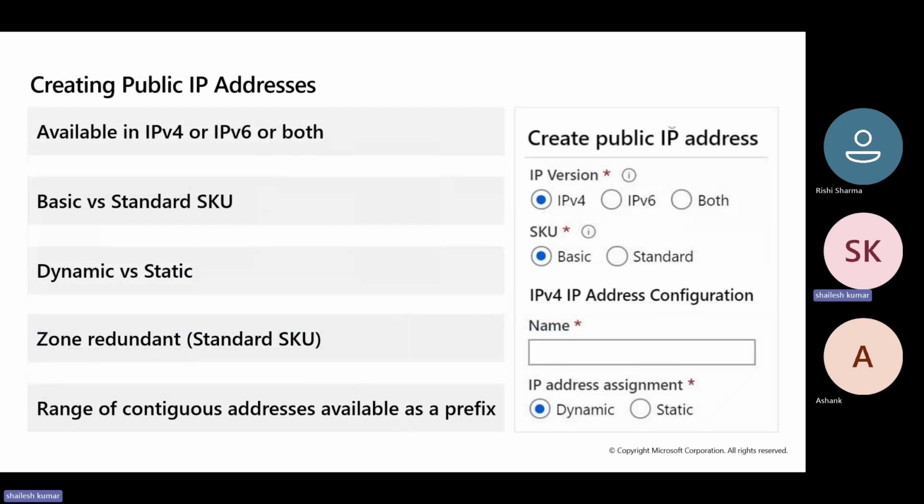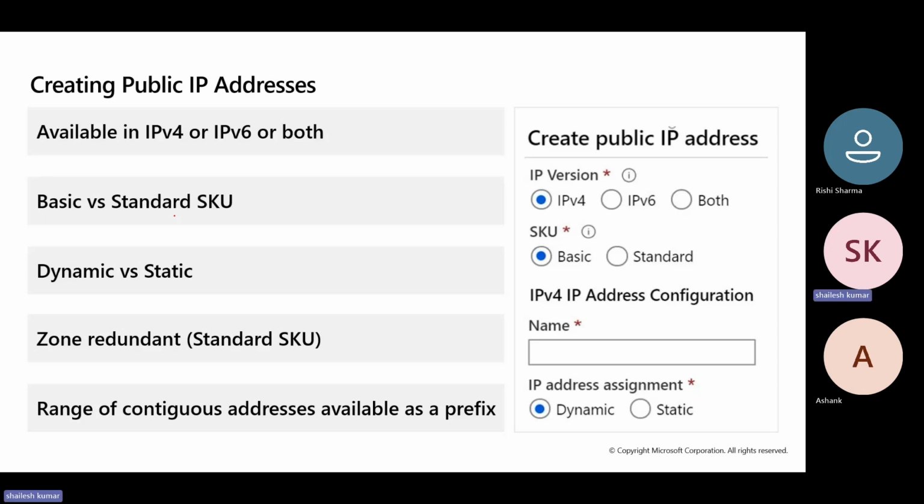You can create a public IP with a different SKU, like basic and standard. Basic public IP has lower cost, but there is no high availability. On the other hand, standard public IP address has more cost but gives you high availability also.